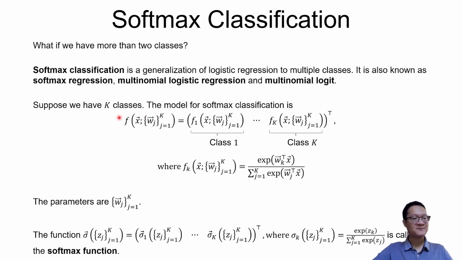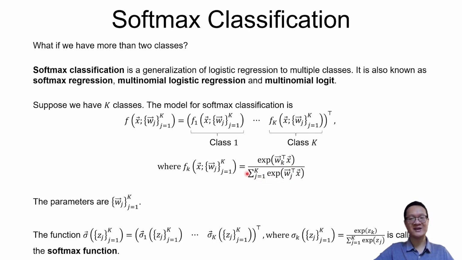I'm going to go through this quite quickly. So suppose we have k classes. The model for Softmax classification is going to be a function that takes as input the data point, and it will output a vector of probabilities for each of the classes, and each of the probabilities is going to be given by the functions f1 to fk, where the f function is always going to have in the numerator the exponential of wk transpose x, and then in the denominator you basically add up all of these exponential w transpose x terms summed over every index.